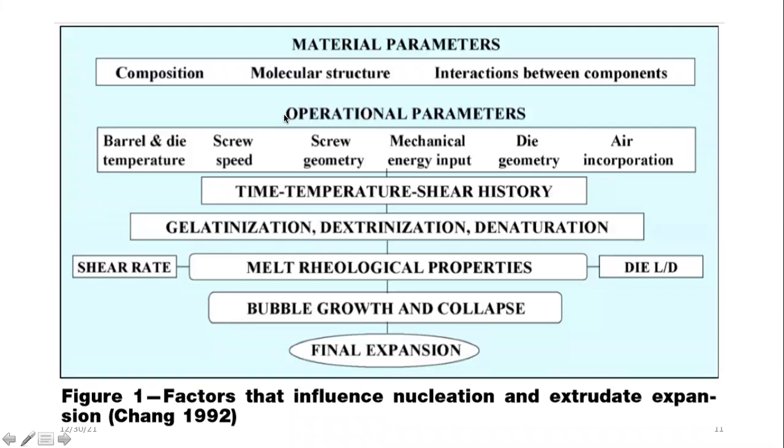And time-temperature combination is very important, and shear force is also very important. Then gelatinization, dextrinization, denaturation-like things are happening inside the barrel as a result of high temperature and high shear force, right? Then we have discussed rheological properties and what is happening with the time and shear rate, right?